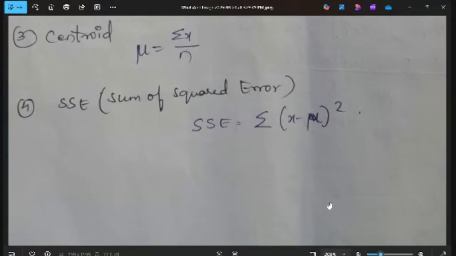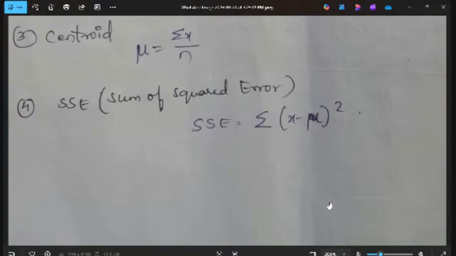Now for solving the k-means problem, it is nothing but partitioning of data. This is an algorithm which we use for partitional clustering. First he will give the set of data points, whether it may be 1D or 2D.